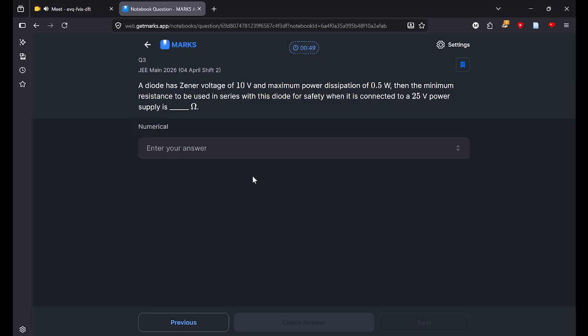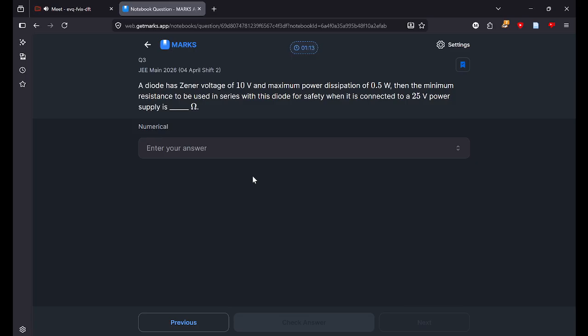We already discussed that when somehow the load is suddenly disconnected, the current has nowhere to go, so it will pass through the RS and through the Zener. If the current through the Zener exceeds the allowed current, which is controlled by its maximum power, then the Zener will be destroyed.